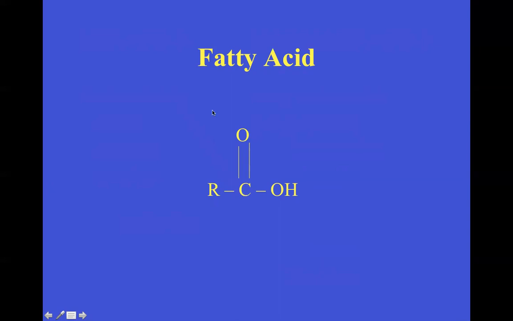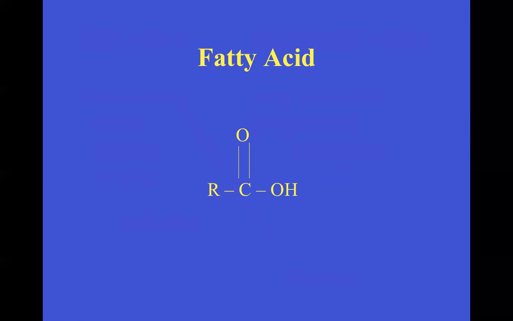Now, the R in a fatty acid is not the same as the R's that we saw in the amino acids. These R's in the fatty acids are usually very long chains of carbons and hydrogens only, so it's a little different than the R's that we saw in the amino acids.